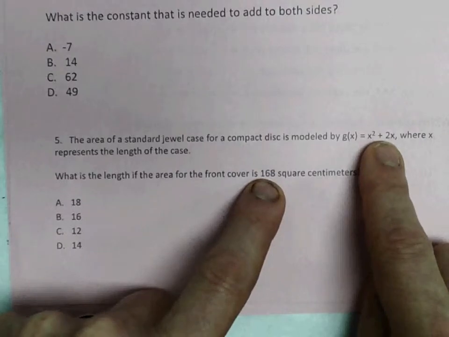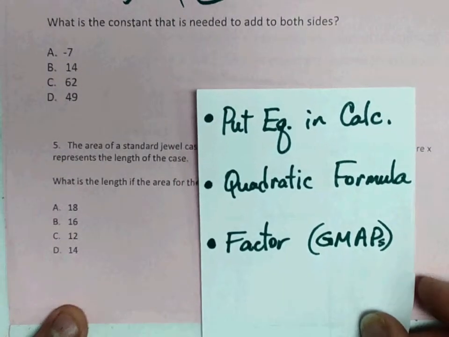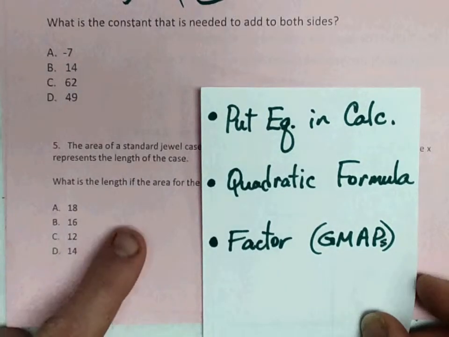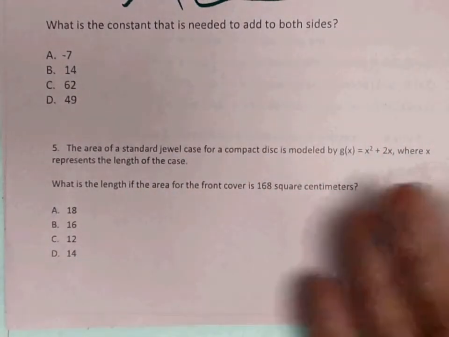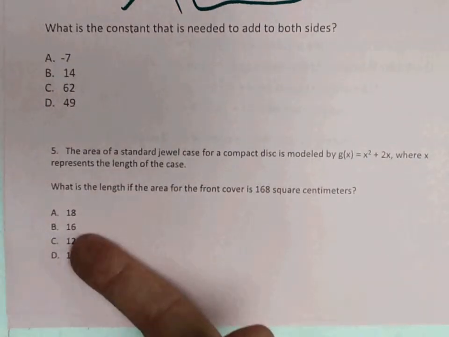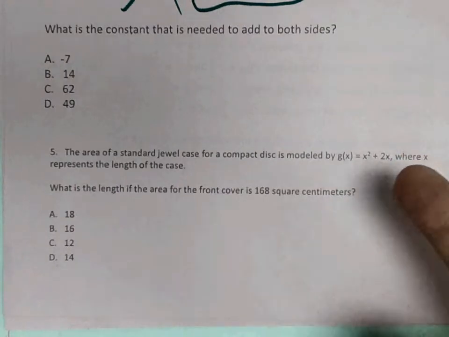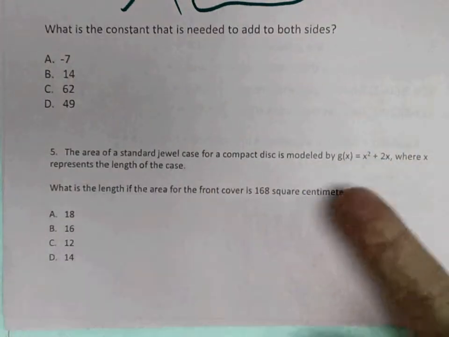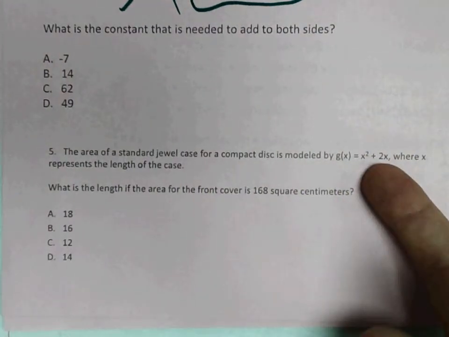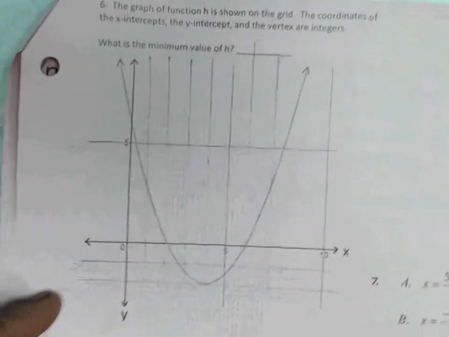And once you have that equation, you can use one of your 3 strategies to help you find the answer. Or, once again, take a look at your answer choices. They are numbers. You can take them one at a time, plug it in for x, and see which one of these numbers, when you plug it in here, gives you 168. That one is really straightforward.